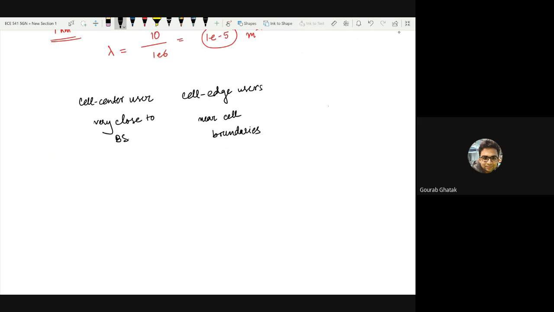As an example, if these are the locations of the base stations, you would have something like this, which governs the coverage area of individual base stations.